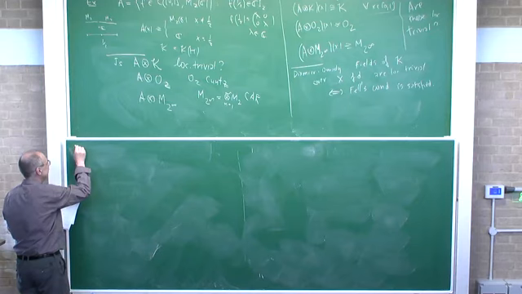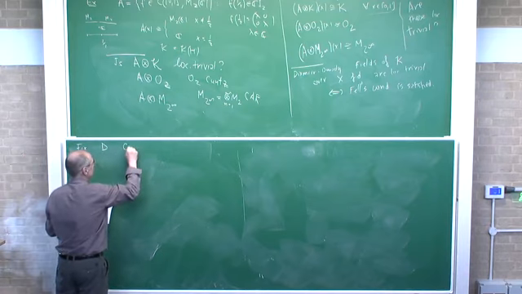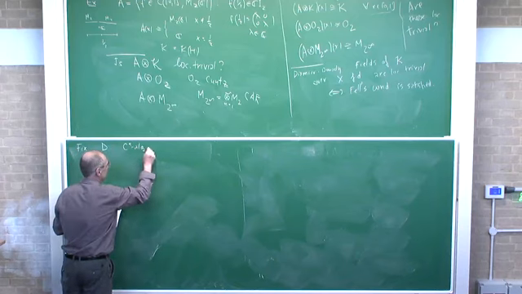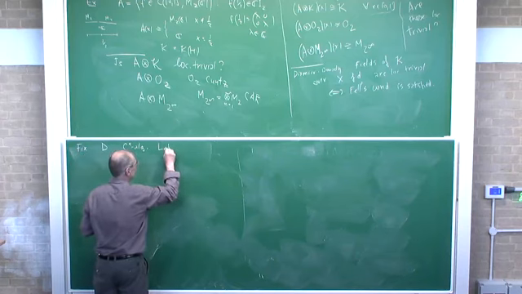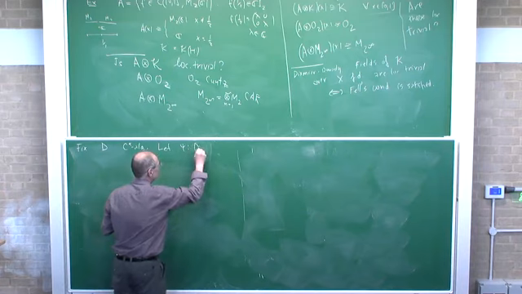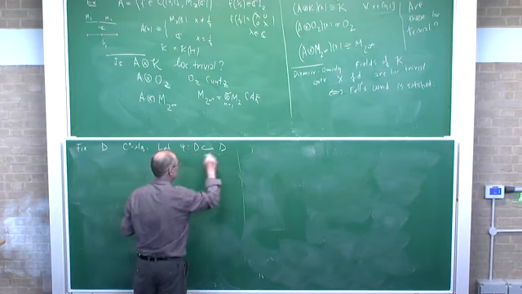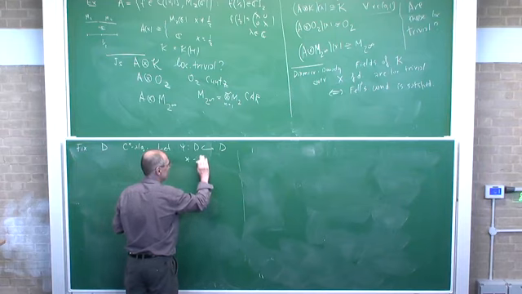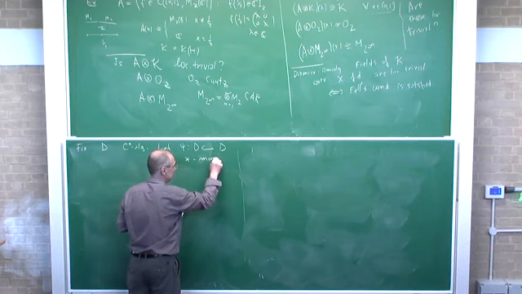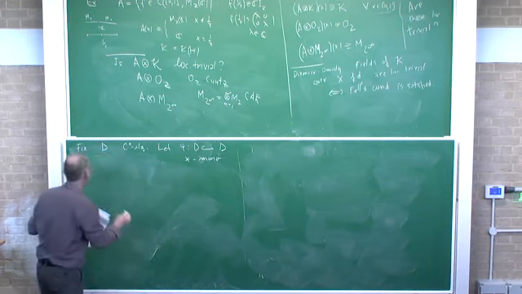Okay, so now fix an algebra D and a star monomorphism, an injective map.